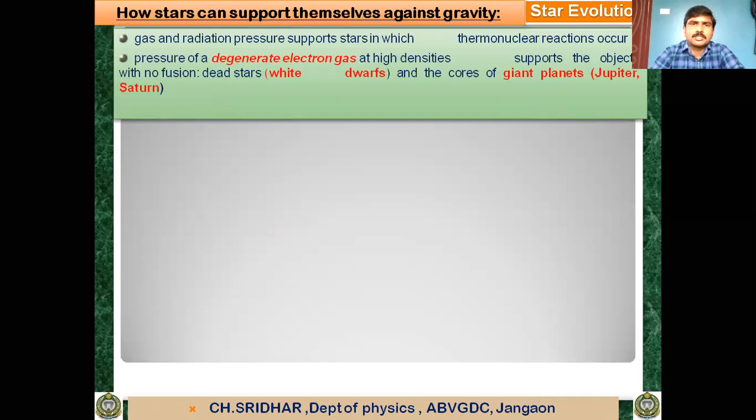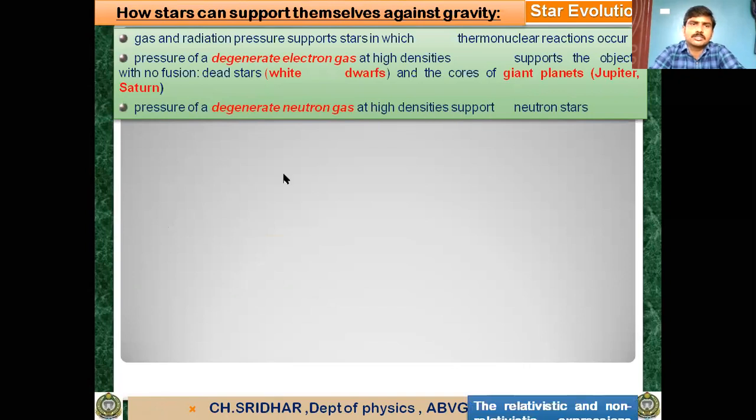Gas and radiation pressure supports stars in which thermonuclear reactions occur. Pressure of a degenerate electron gas at high density supports the objects with no fusion, dead stars called white dwarfs, and the cores of giant planets Jupiter, Saturn, etc. The pressure of a degenerate neutron gas at high density supports neutron stars.